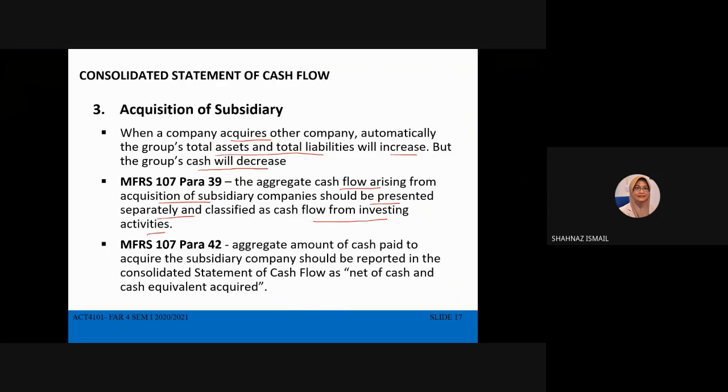And under paragraph 42, aggregated amount of cash paid to acquire the subsidiary company should be reported in statement of cash flow as net of cash and cash equivalent acquired. So bermakna kita tak masuk dalam mana-mana item atau section yang tiga itu, tetapi dia akan dilaporkan di bawah net of cash and cash equivalent acquired. Okay.